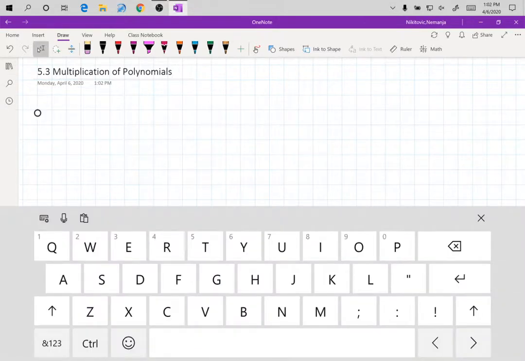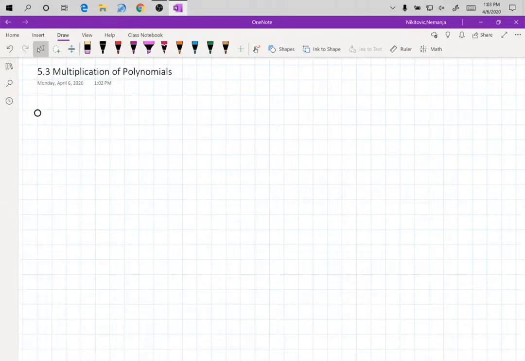Hello Algebra! I hope you guys are doing great, and on the menu for today we have 5.3, which is going to be the section on multiplication of polynomials. So we want to see the way to multiply, so we know what the polynomials are.